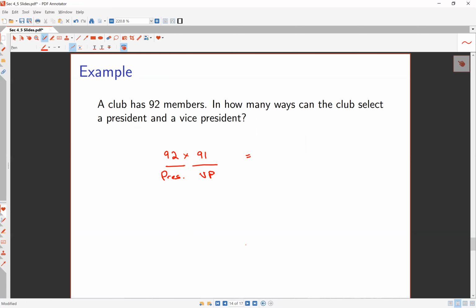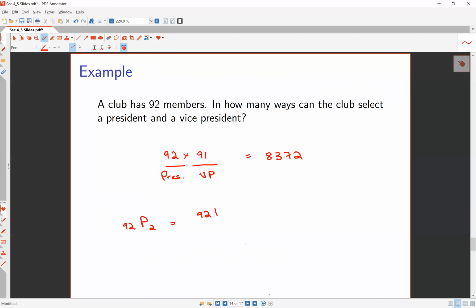And so if we are choosing 2 people out of 92, and you want to know how many choices of 2 people are possible, the answer would be 8,372.